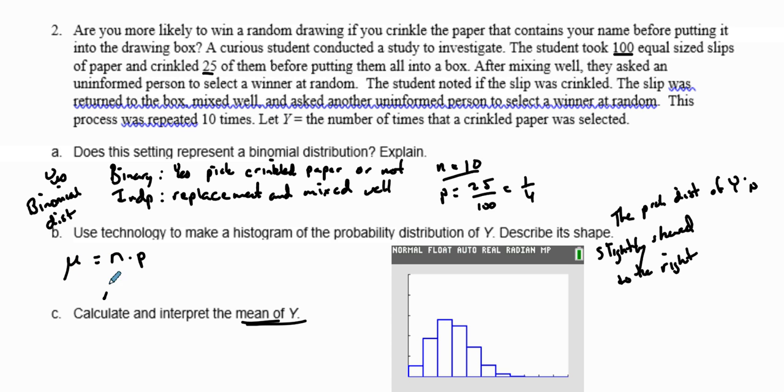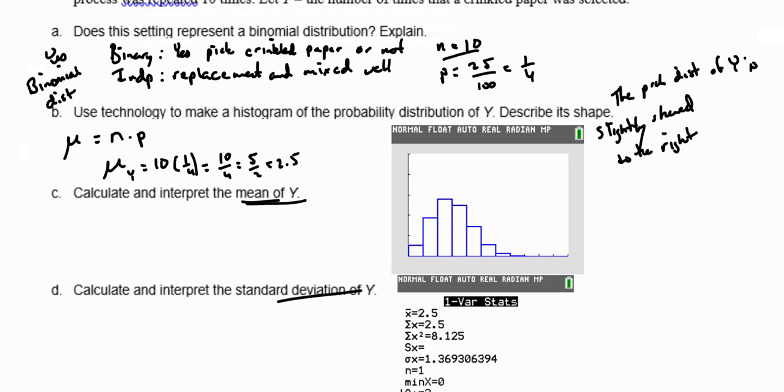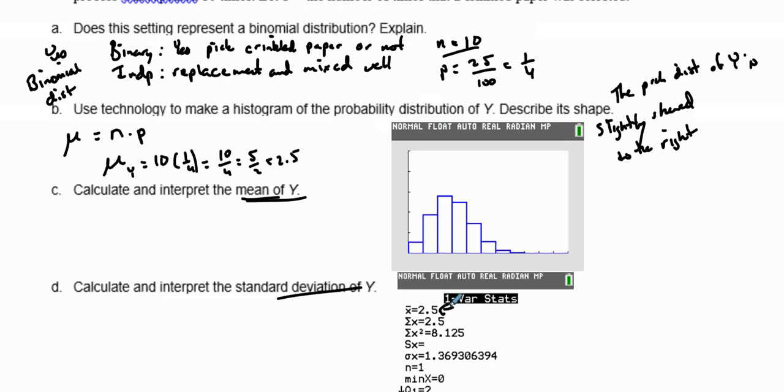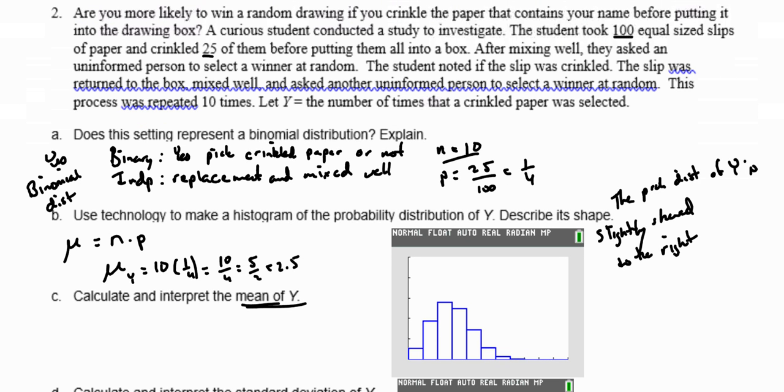We're still looking for the mean of y. Our n value is 10, and the probability is 1/4. If you take that, it's 10/4, which is 5/2, which is 2.5. And looking at what we have right here, what do you know? 2.5. Cool.